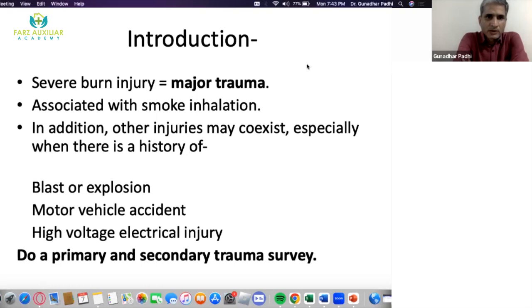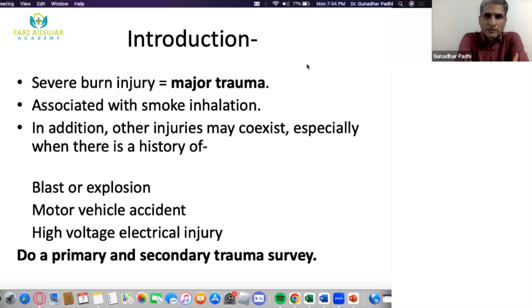Mostly the cause of the burn injury is associated with smoke inhalation. There can be different types of burns, whether it is an electrical burn, a burn due to lightning injury, a burn due to major fire, or a burn due to disaster. So the cause of the burn and the injury depends on the etiology of the burn injury.